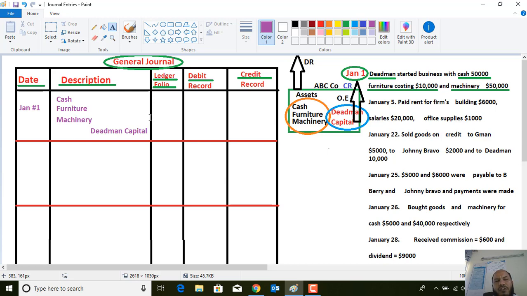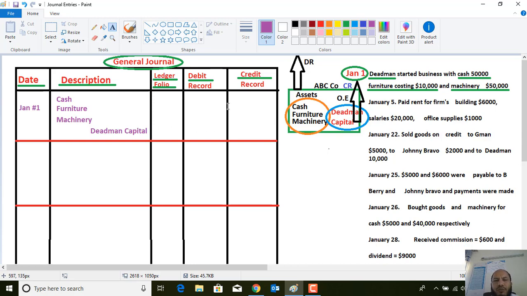In other words, record the debit accounts in the description column close to the left hand line, and record the credit accounts close to the right hand line in the description column.